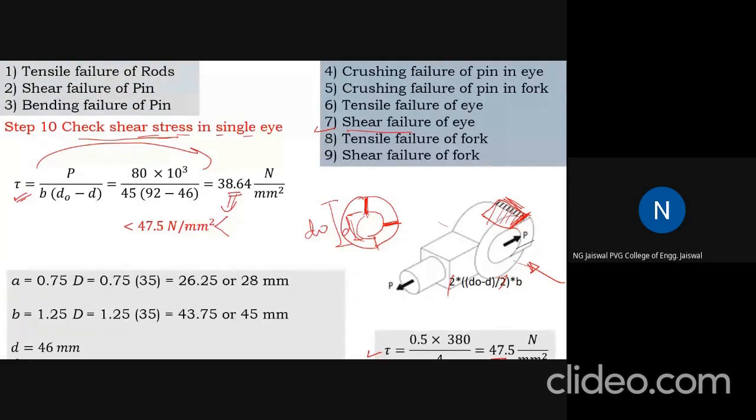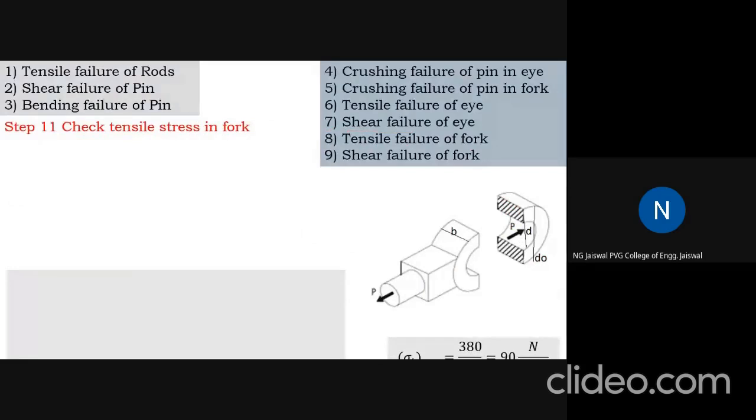Next step will be what? Next failure is tensile failure of fork. If it is tensile failure of fork, what should I write in step 11? I should write step 11 as check the tensile stress in fork.